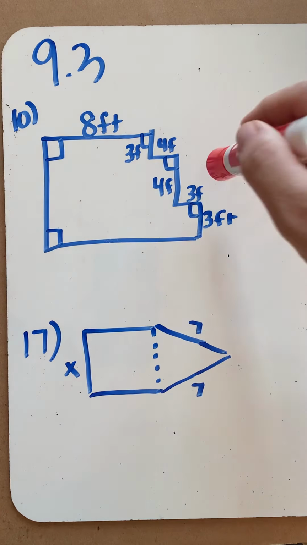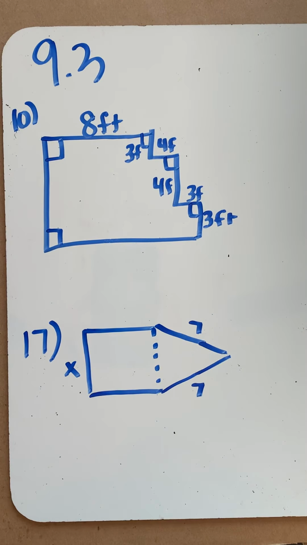All right, so if I look at number 10, I needed to find the area for this irregular figure. This irregular figure, or another word for it is composite figure, is made up of 3 different shapes, if you look at it very carefully. There's a couple ways you can look at this.